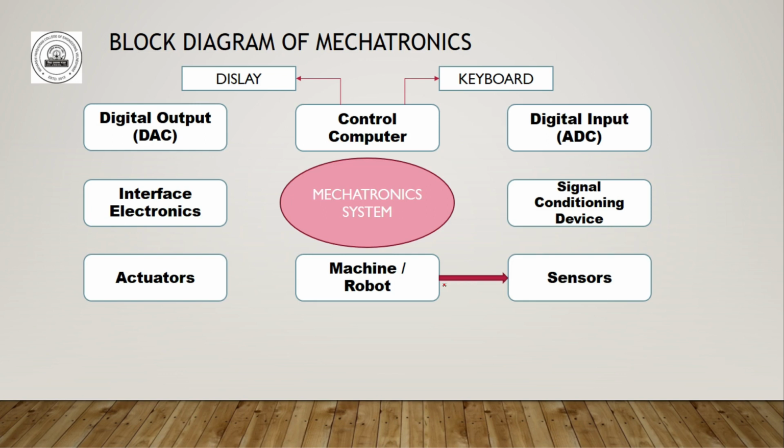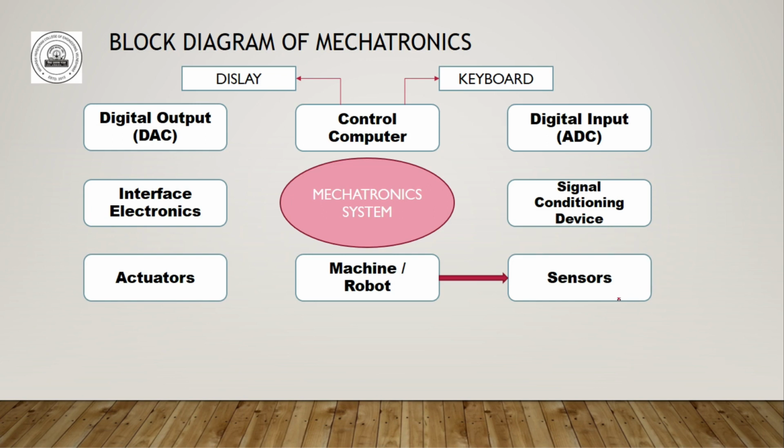For example, pressure, temperature, humidity, flow, etc. These are different physical variables which are required to be measured. Those physical quantities are measured and converted into electrical signals using sensors or transducers.